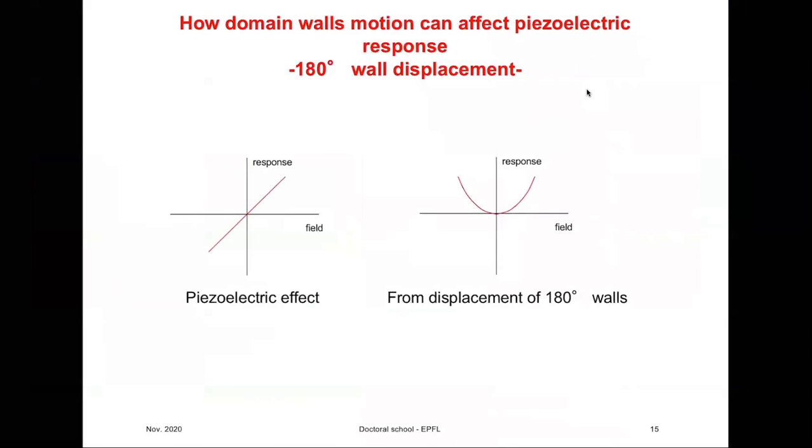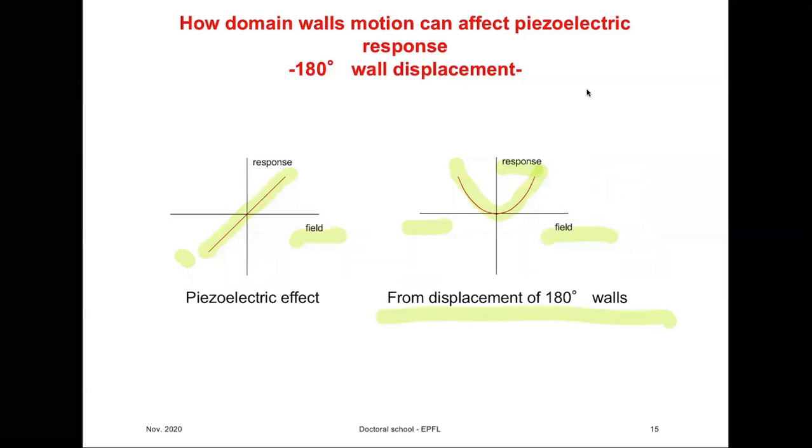Piezoelectric effect requires that when the field changes direction, the response changes direction. What we have from 180-degree domain walls is that for both directions of the field, we have the same response, either positive or negative. So from displacement of 180-degree domain walls, we don't have piezoelectricity.